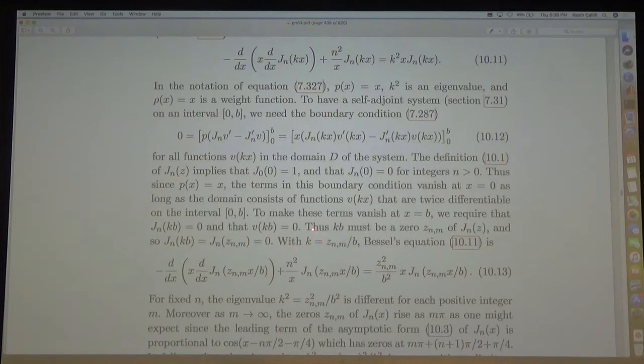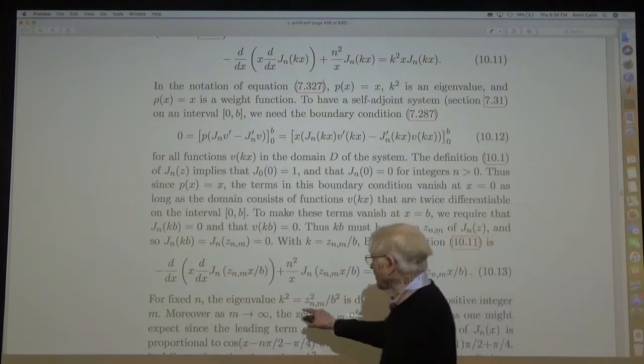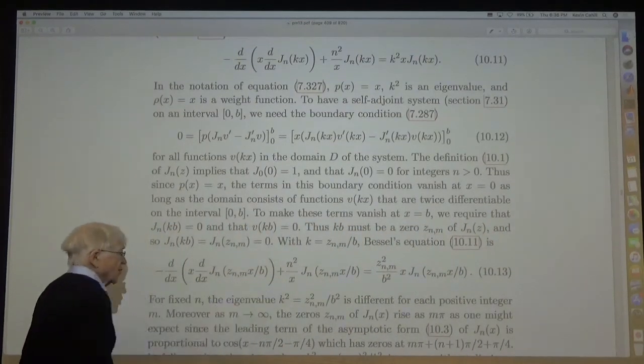If we now take k equal to Z_nm over b, so that v of kb vanishes, we get Bessel's equation in this form, where k is Z_nm over b.